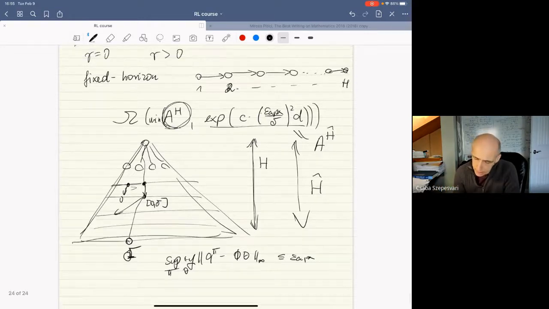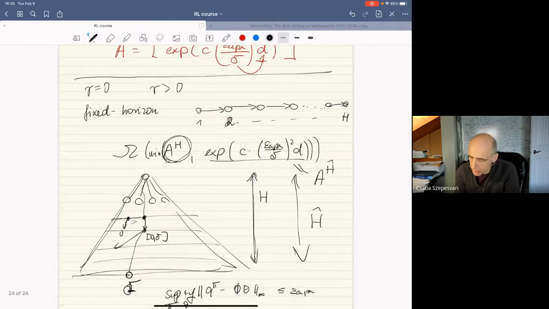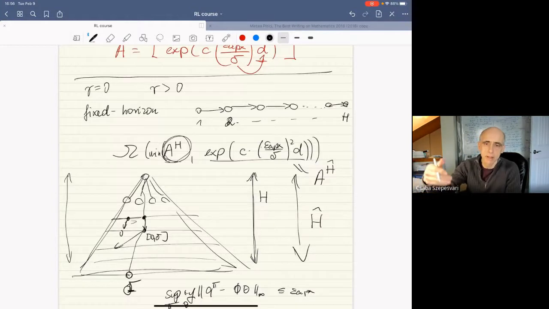Well, actually, in an H step problem, it's okay to have separate parameter vectors in every stage, because this is kind of like a non-stationary problem. The number of time steps until the end of the problem does matter. So the value function depends on where you are in a stage. So the stage index is kind of part of the state, if you wish.